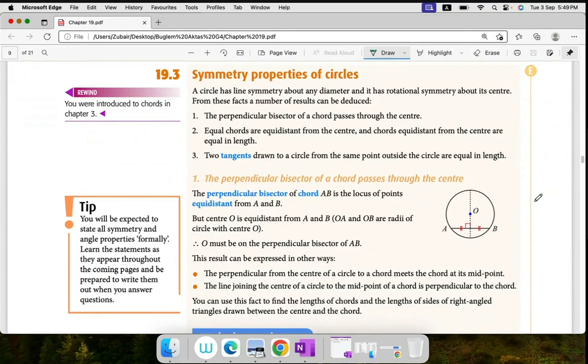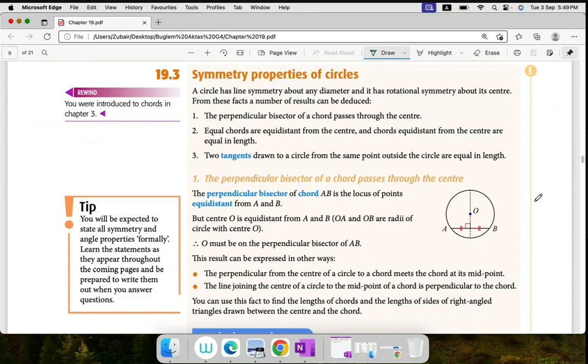Symmetry, properties of circles. First property is chord and radius. If you can see the circle on right, AB is the chord, and if we draw radius through center, or we draw the shortest distance which is actually perpendicular, so it is symmetrical on left hand side and right hand side.